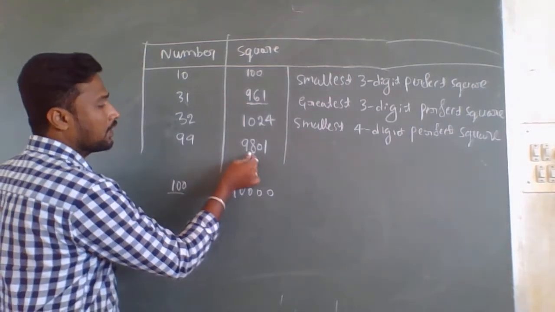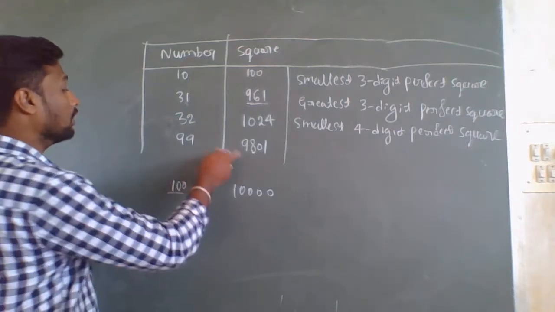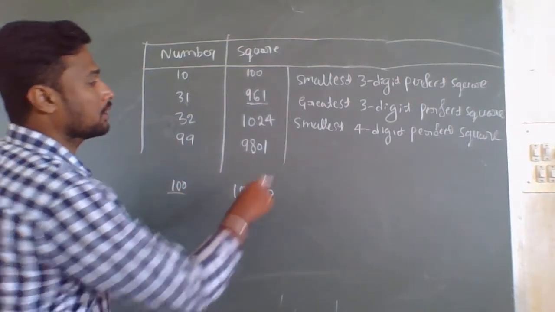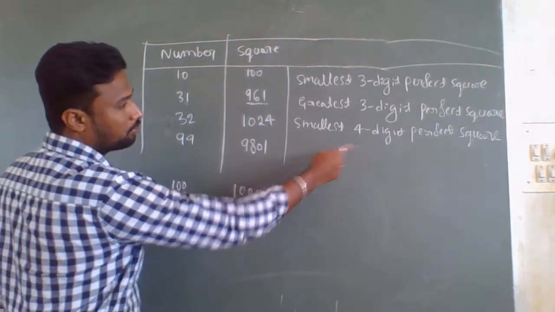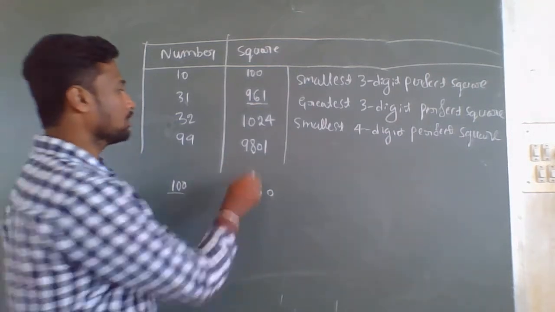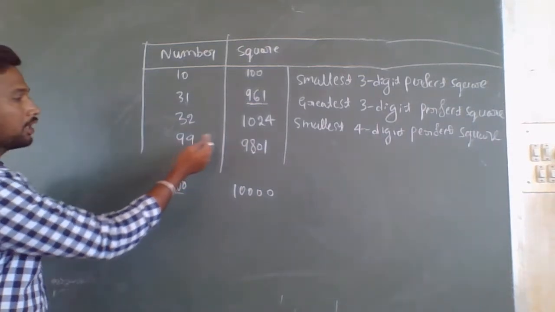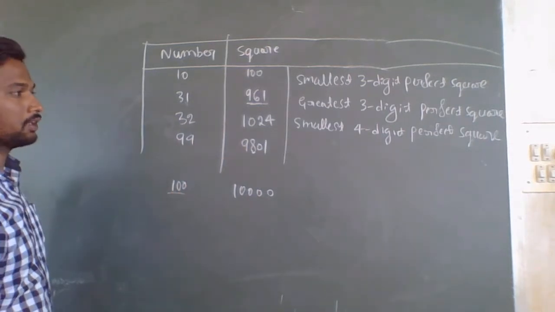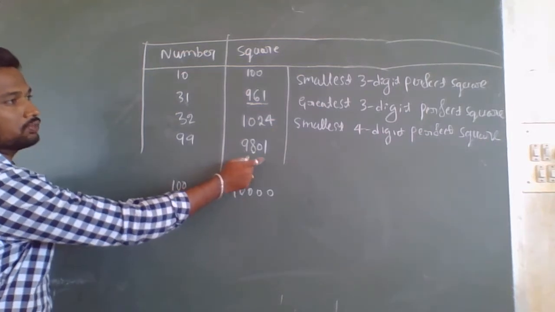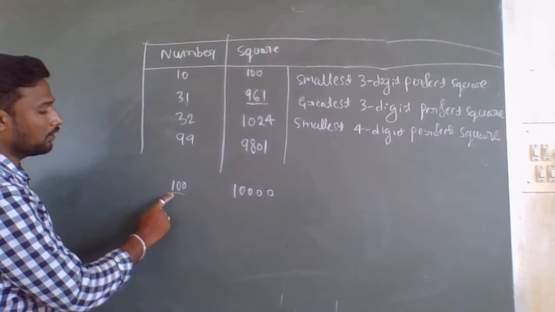So you can say that this 9801, which is the square value of 99, is the greatest 4 digit perfect square number, because when you multiply 99 into 99 you get 9801. Why is it greatest? After 99 you have 100.